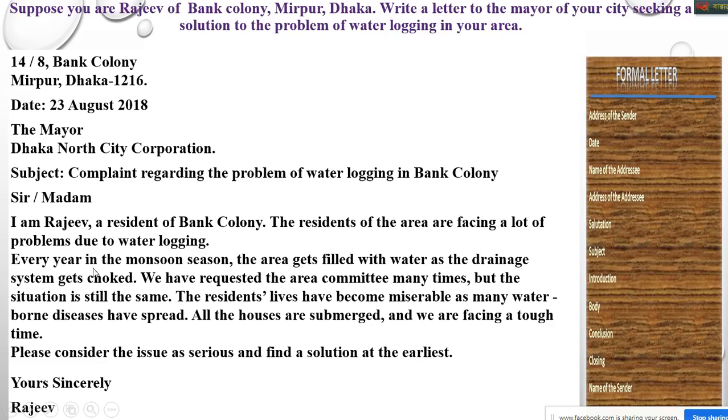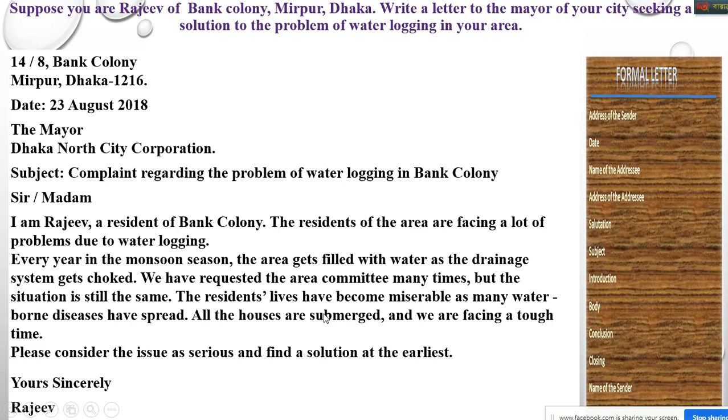Every year in the monsoon season, the area gets filled with water as the drainage system gets choked. We have requested the area committee many times, but the situation is still the same.